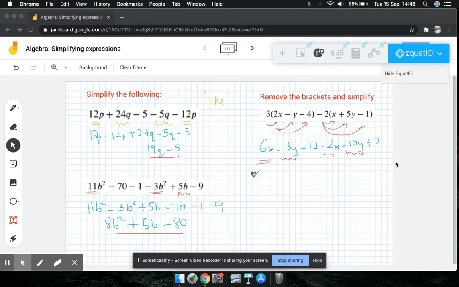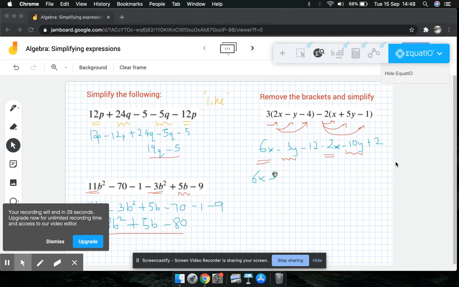This is 6x minus 2x minus 3y minus 10y, and we have minus 12, and we have plus 2. Okay, so we have 6x minus 2x, and that's going to give you a value here of 4x, minus 3y minus 10y, that's going to give you minus 13y. We have minus 12 plus 2, that's going to give you minus 10.